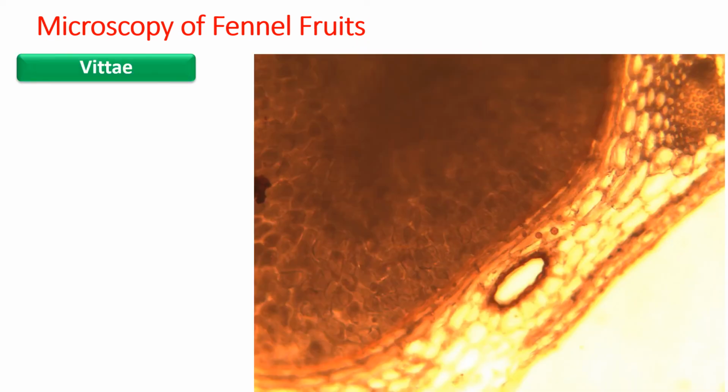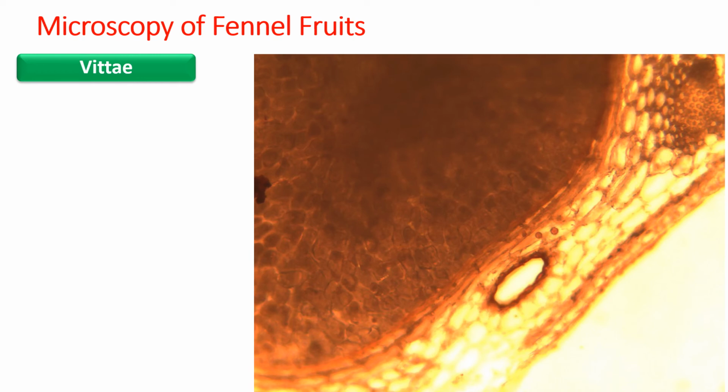Vittae, singular is Vitta and plural is Vittae. Now these are schizogenous oil glands. That means the oil glands are made up of cells which have just separated from each other, and they have maintained a well-like structure, and they are still secreting the oil, volatile oil.